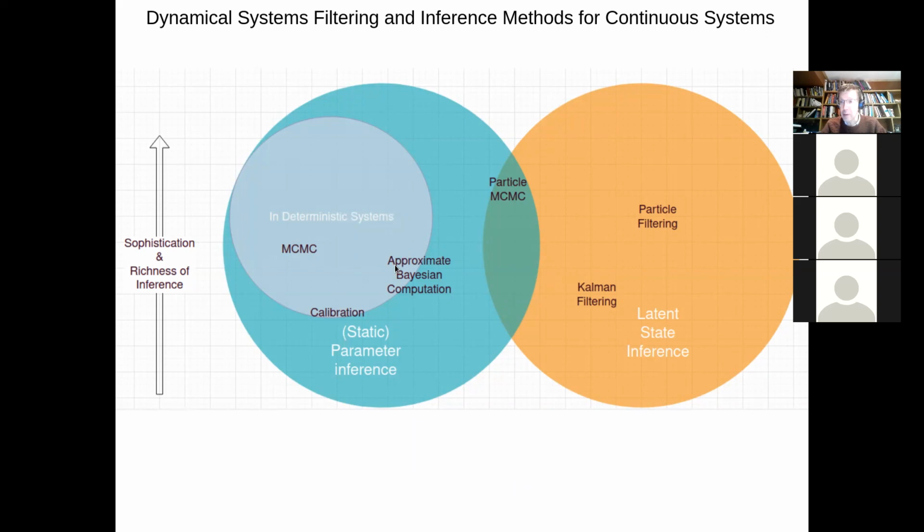But there's going to be another problem of latent state inference, inferring, for a stochastic system, not just parameter values, but what's actually the case at any one time, recognizing that for any one realization of the model, there's a very particular trajectory of the states of the system that system will go through.